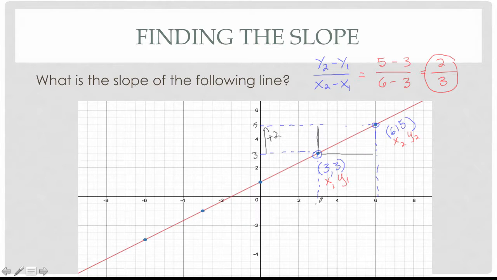They go from this point here, 3, increase all the way up to 6. Well, that's a change of plus 3. And if I put those together, if I change 2 in y per 3 x, well, the rate is then 2/3, and that's my slope.